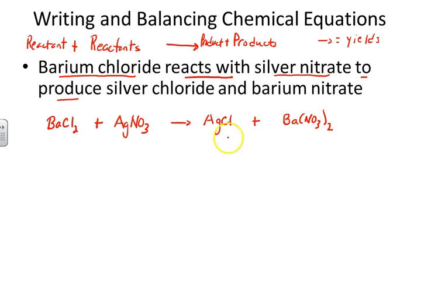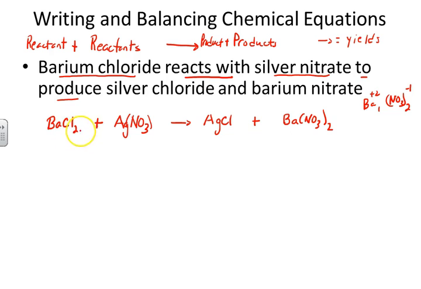Notice that I have two nitrates on this side and only one nitrate on this side, nitrate being the polyatomic ion. The reason is that I wrote barium nitrate according to barium being a positive 2 and nitrate being a negative 1, so we would have a 2 here and a 1 there. All of the formulas are written according to their oxidation numbers.